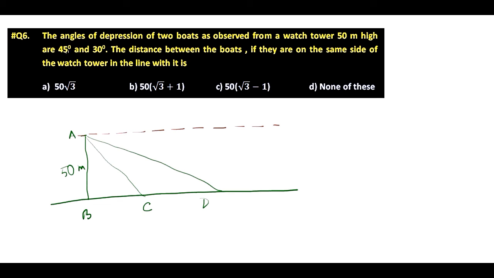So here the 45-degree angle will be the bigger one, so this particular angle will be 45 degree and this will be 30 degree. Many students commit mistakes many times by writing this is 45, this is 30 degree, but here common sense is very important. So by geometry we can say this is 45, this is 30 degree.